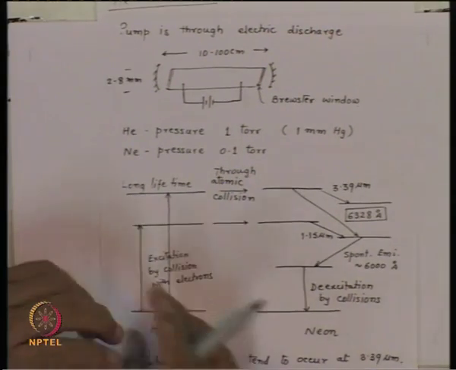So, it appears that if you want to generate light at a certain frequency or wavelength, first we have to identify the proper material which has energy levels such that certain energy differences correspond to the frequencies or wavelengths in which we are interested. Then you have to find the mechanism by which electrons can be transported to a higher energy level. In the first case, as we saw in the ruby case, energy was supplied directly to the ruby rod from the flash lamp and the electrons were excited, giving population inversion.